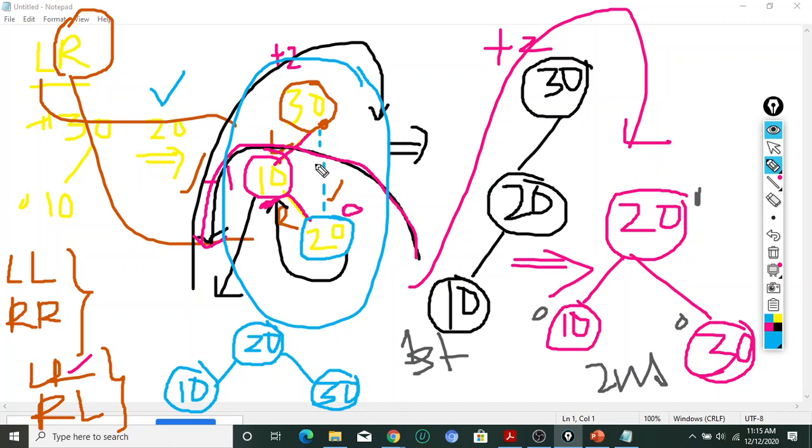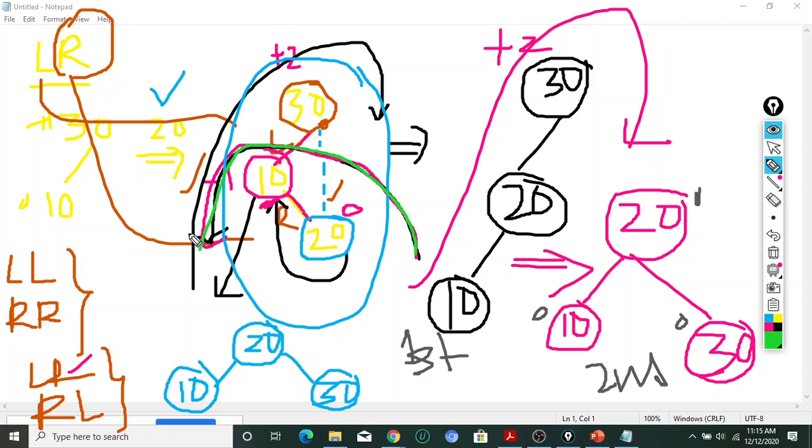So LR rotation is a double rotation. That means if there is an LR imbalance, then we have to perform the rotation in 2 steps. Try to understand the green color. Look at the green color.